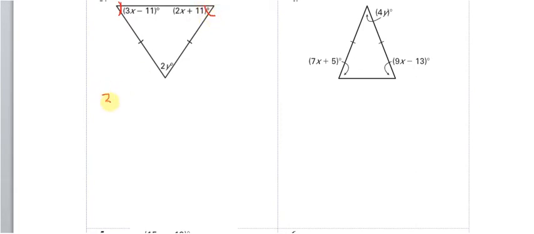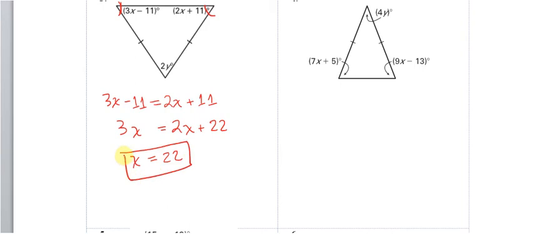So that tells us that 3x minus 11 must be equal to 2x plus 11. Add 11 to both sides and we get that 3x is equal to 2x plus 22. Subtract 2x from both sides and we get that x is equal to 22.